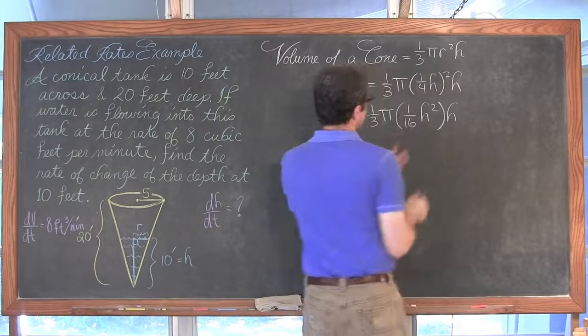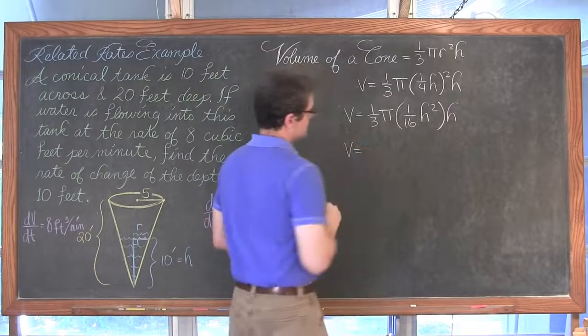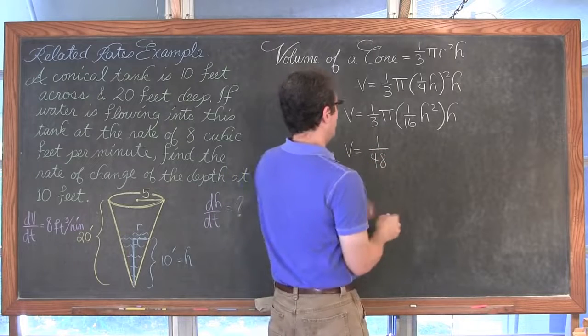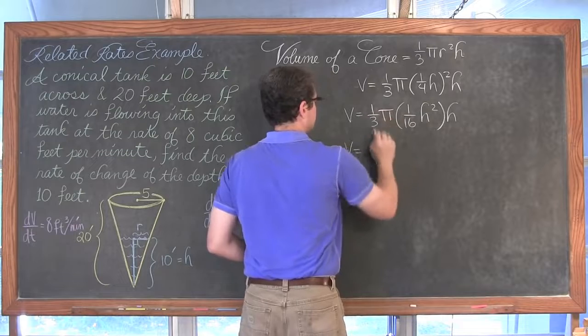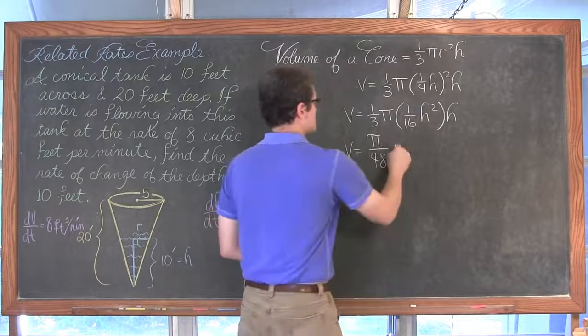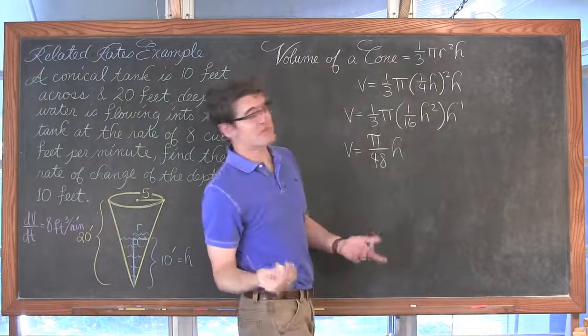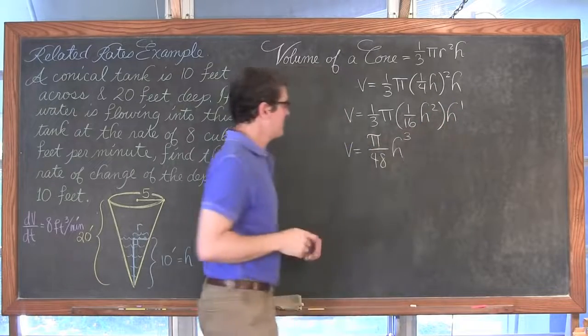Cleaning this up a little bit more, we have volume is equal to 3 times 16, which is 48. So 1 over 48 pi. Now let's put that pi on top, h squared times h. When you multiply like bases, you add those exponents, so h squared times h to the first is going to be h cubed.